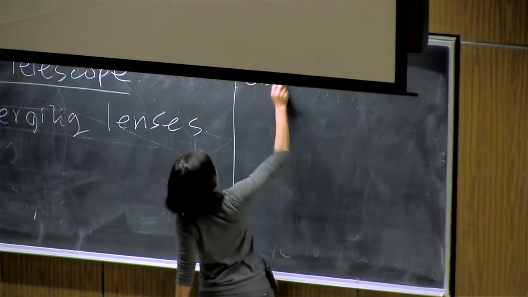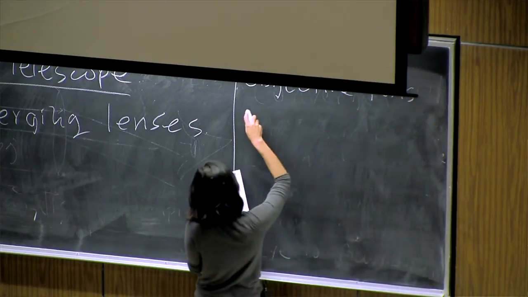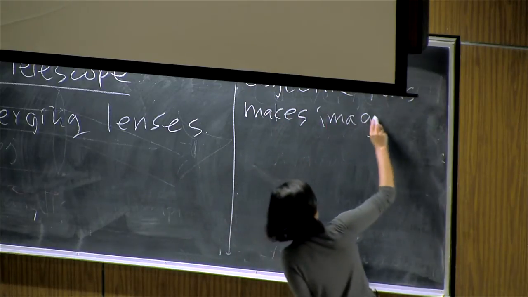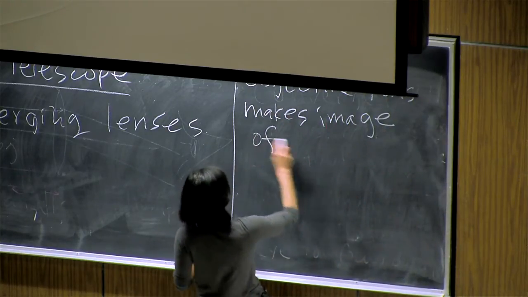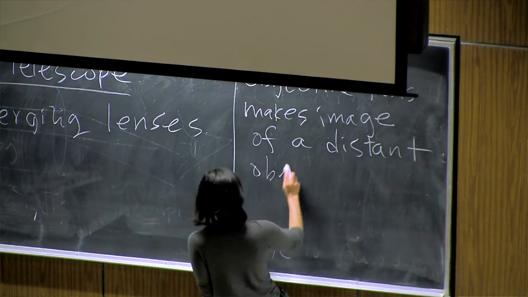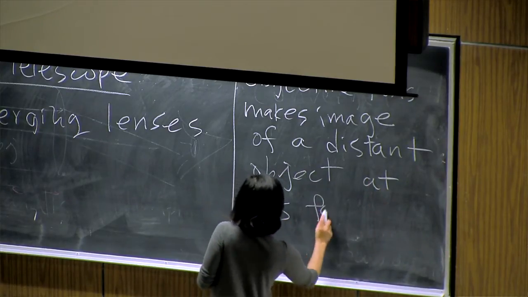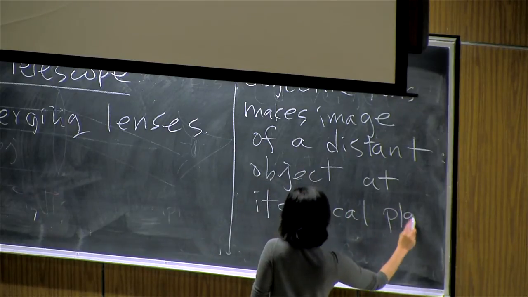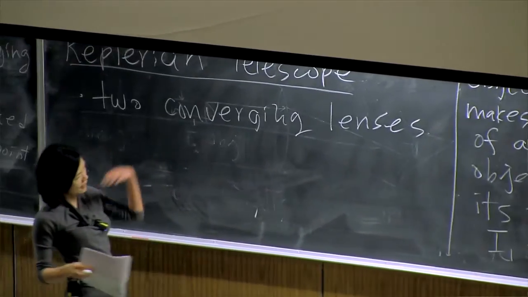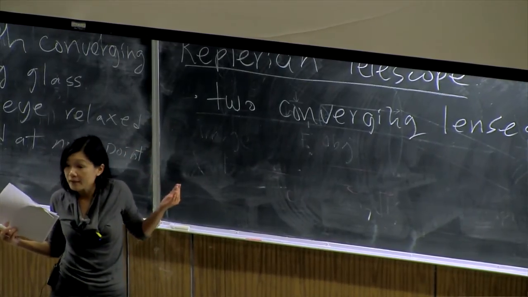So once again, the objective lens makes the image of a distant object at its focal plane, which I call I1.